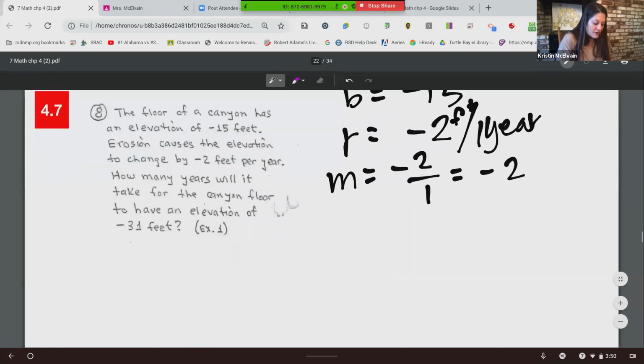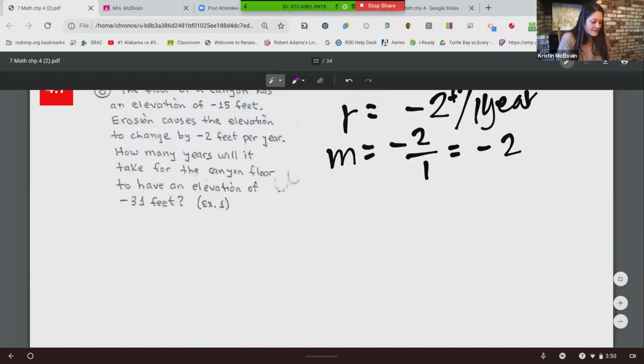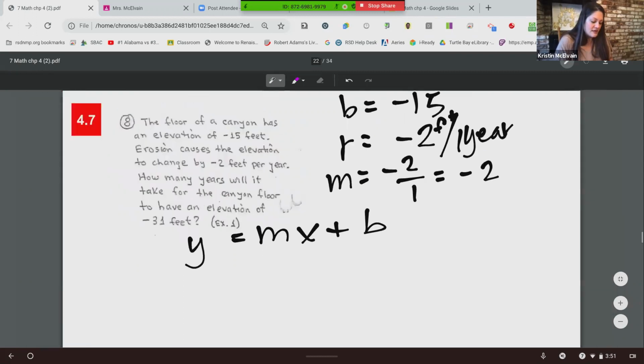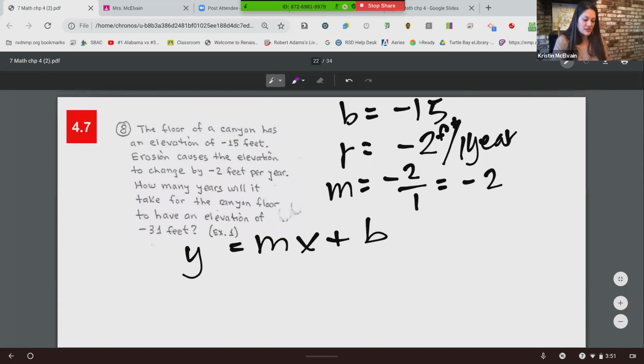Okay, so what we're going to do is set up, watch this, our y equals mx plus b. Okay, b is what we are starting with, and that is our -15. Where we're ending is -31. So that's our y.